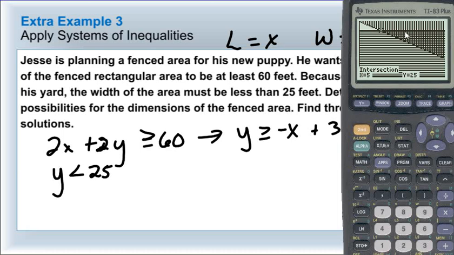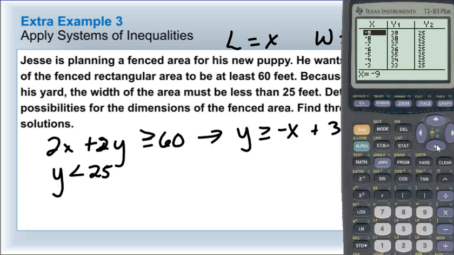So let's just say, go to our table. We can't have negative numbers, so we're just getting rid of those negative numbers. The x has to be more than 5, and it has to be less than 25. So I could do 6 and 24.